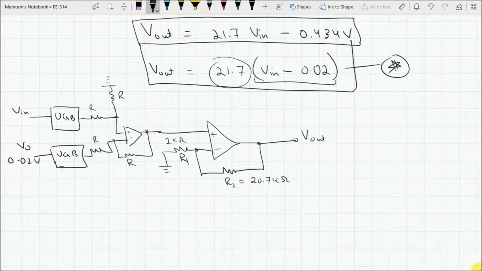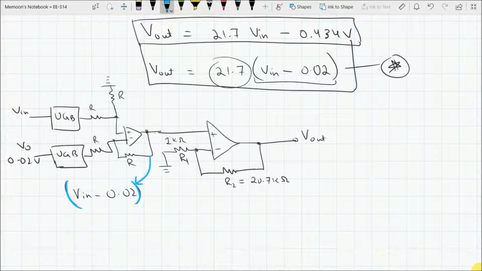This is a difference amplifier. V in minus 0.02, into R over R. That is the gain of this difference amplifier, that is 1. And then, this is the output at this stage.